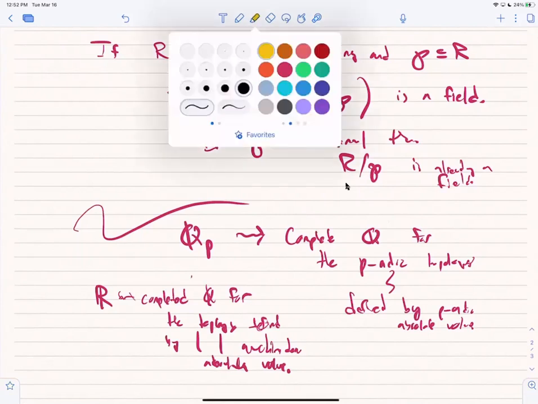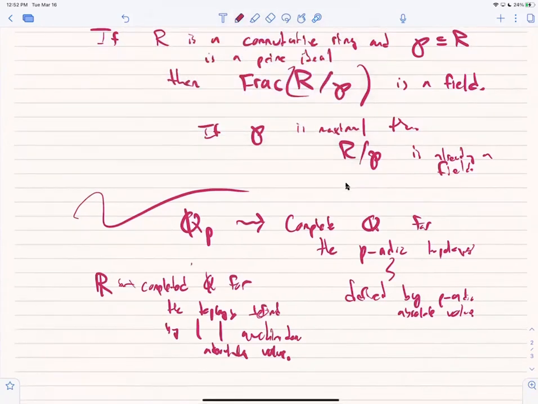And the p-adic absolute value is a way of measuring distance. I won't write it down because if you've seen it, you know it, and if you haven't, it's a little far afield right now. You measure distance by how divisible you are by a prime number p.